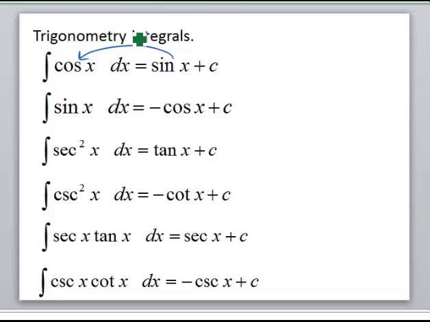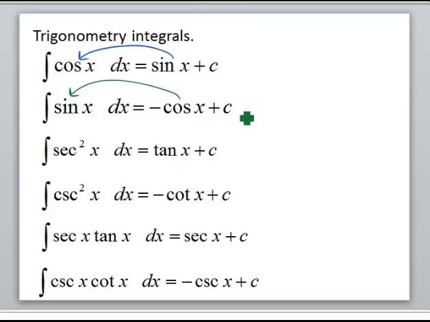If you take the derivative of cosine x, you actually get negative sine. But notice how there's a negative out here, so a negative sign would make a positive sign. So each of these you can check by knowing your derivatives.